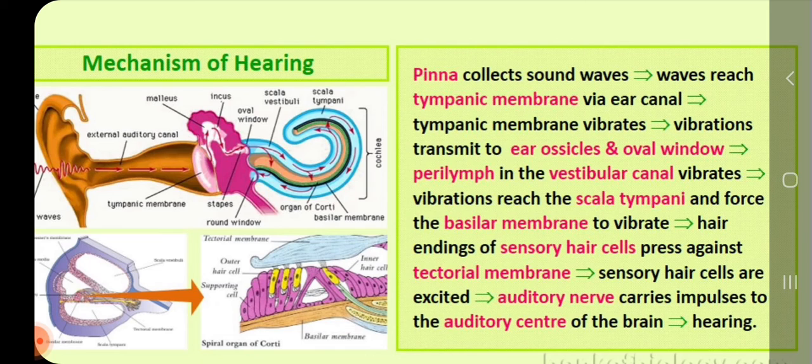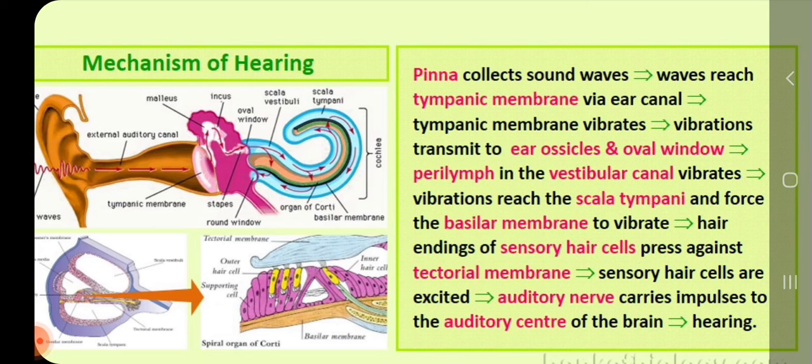Once the vibrations are transmitted to the ear ossicles, they are passed on to the oval window. Oval window means it is where the inner ear starts. These vibrations pass through the oval window and reach the cochlea's fluid. When the fluid of the cochlea gets the vibrations, waves are generated inside the lymph, the fluid present in the cochlea.